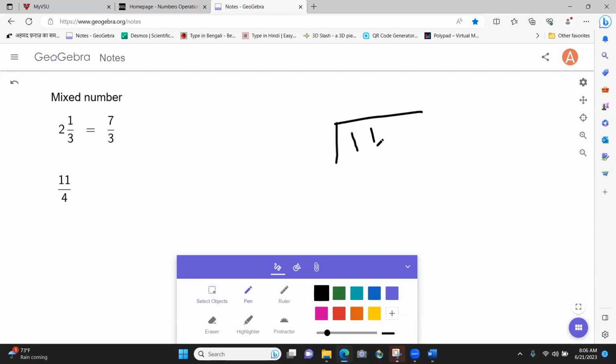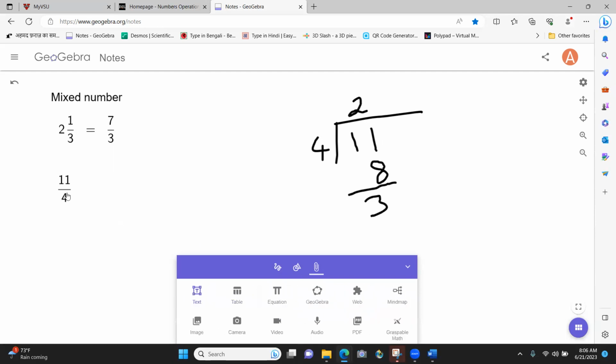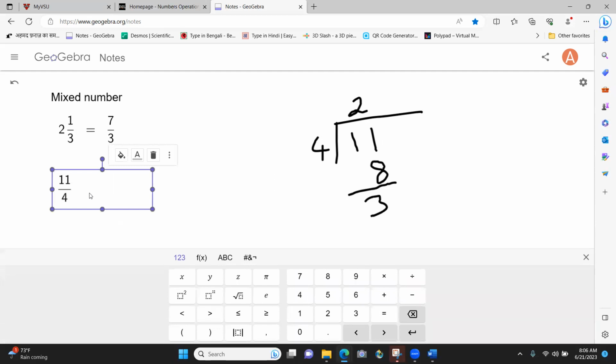You're going to divide 11 by 4. 4 times 2 is 8, and the remainder is 3. Okay? Now, this is going to be equal to 2, the quotient 2 from your division, and 3 is the remainder, and 4 is the same denominator, 4.